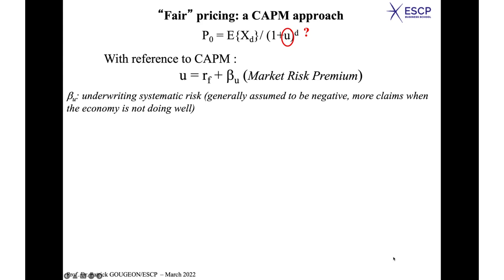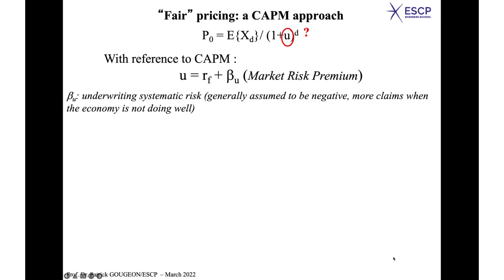There is a good example on one specific line of insurance, which is credit insurance. You know, that's obviously true. When the economic situation is bad, the number of people and companies going bankrupt is increasing. When the economy is doing well, the number of bankruptcies is decreasing. So you see, that is the perfect illustration of what I'm saying here with a negative underwriting systematic risk.